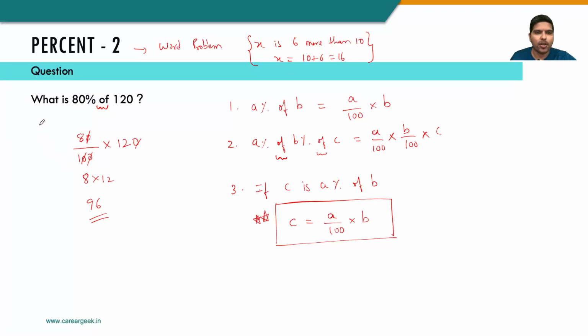When we are saying what is 80% of 120, in place of what, always take some variable, X, Y, Z, A, B, C, whatever you feel comfortable with. X is 80% of 120, which is X is equal to this. So X is 96.